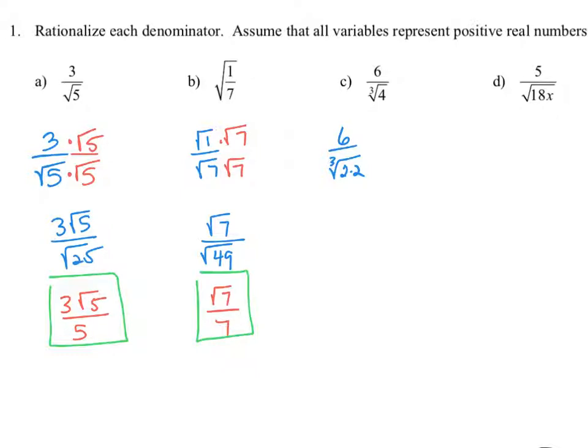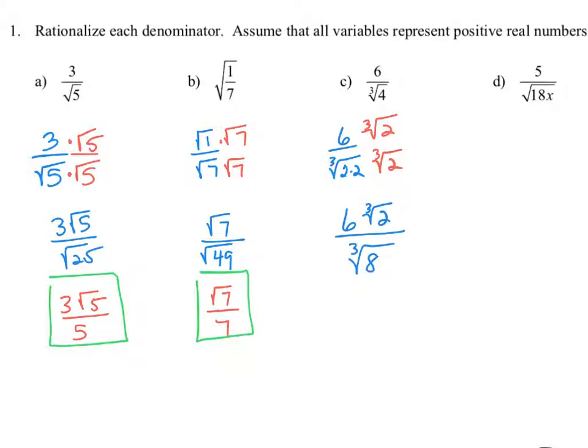In this case, we're going to multiply by the cube root of 2 in both the numerator and the denominator. So in the numerator, we have 6 times the cube root of 2, and in the denominator, the cube root of 4 times the cube root of 2 is the cube root of 8.